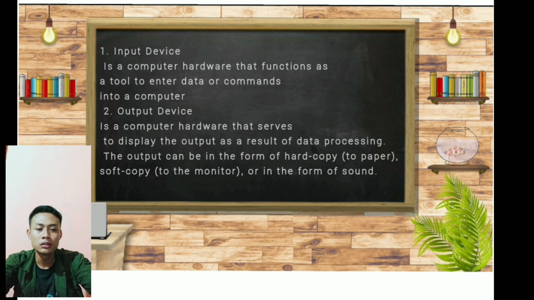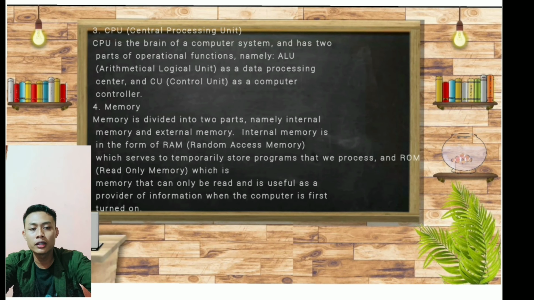serves to display the output as a result of processing. The output can be in the form of hard copy on paper, soft copy on the monitor, or in the form of sound. 3.